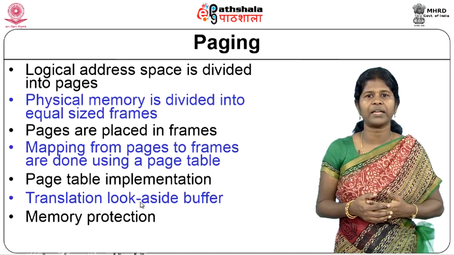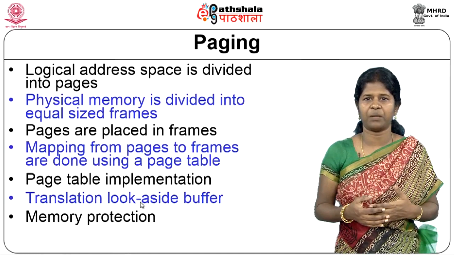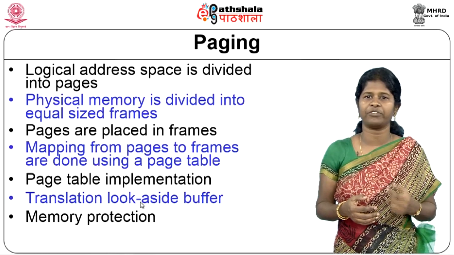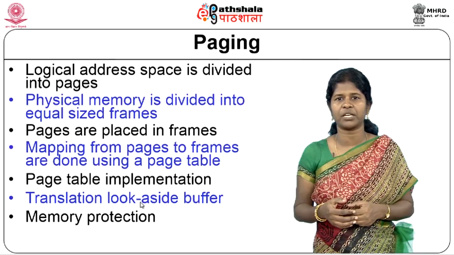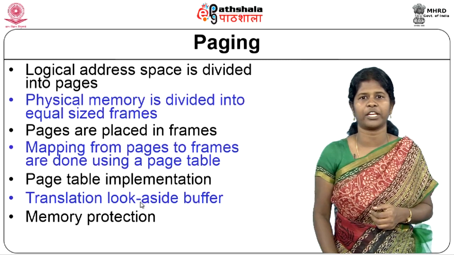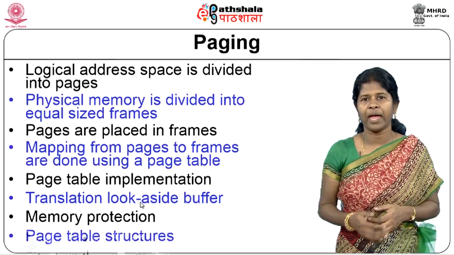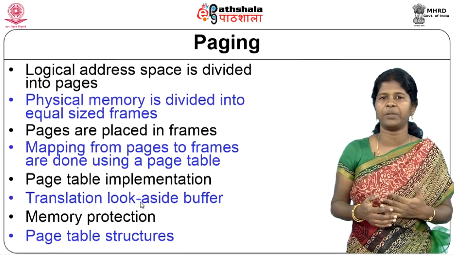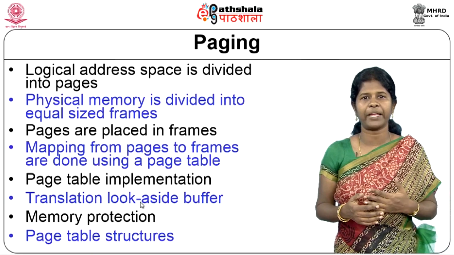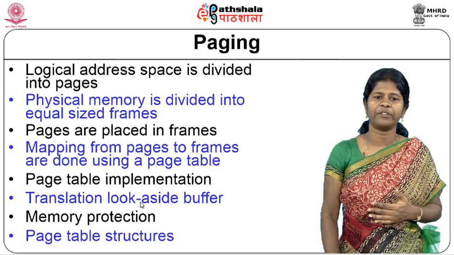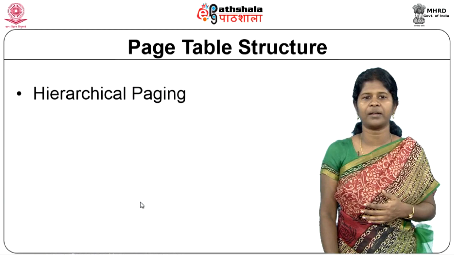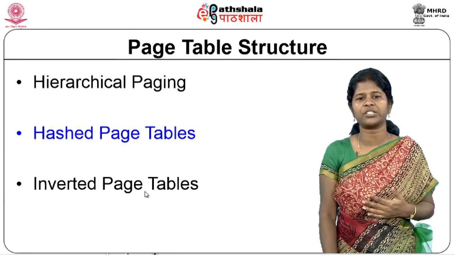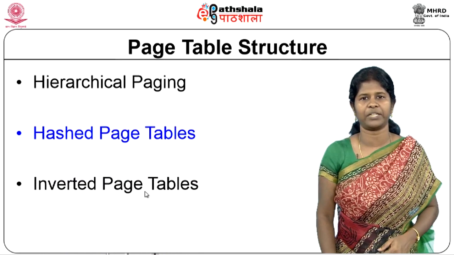And then we saw that memory protection can be done along with paging, with a few bits placed in the page table which help in the protection of memory. And we saw that there are different page table structures: hierarchical paging, hashed page tables, and inverted page tables.